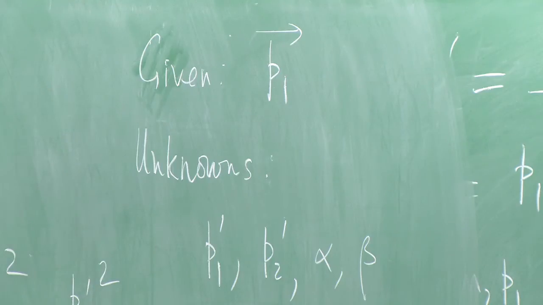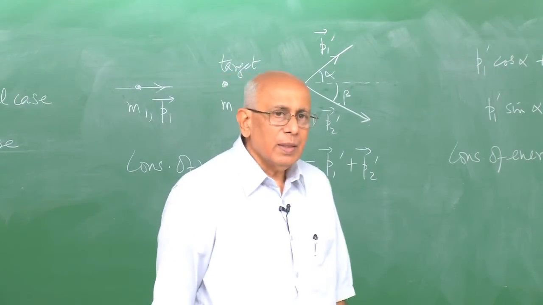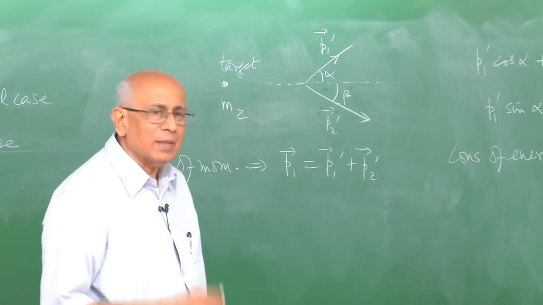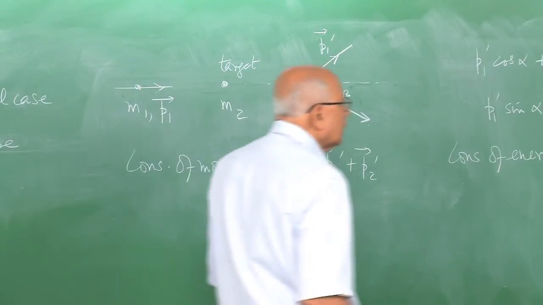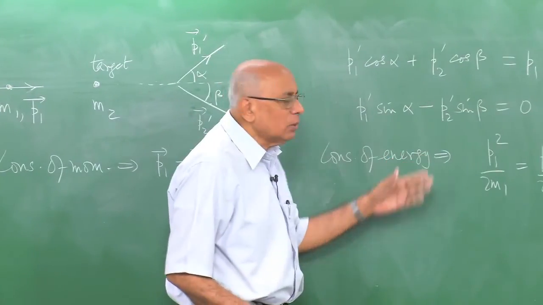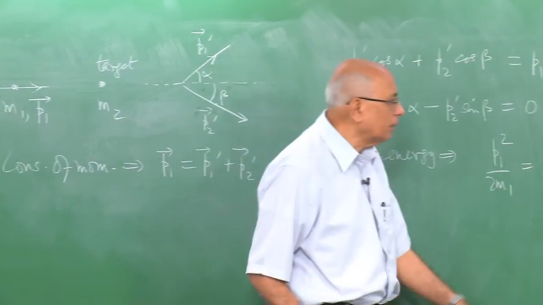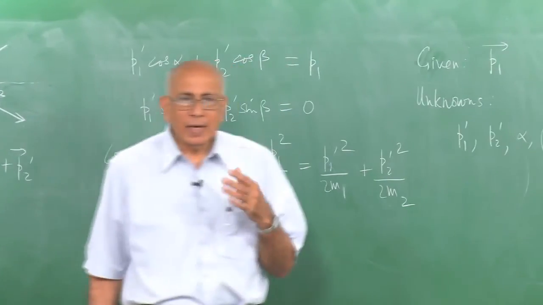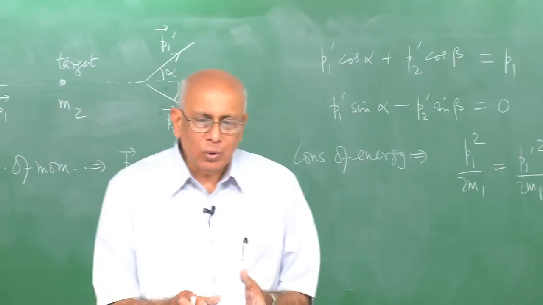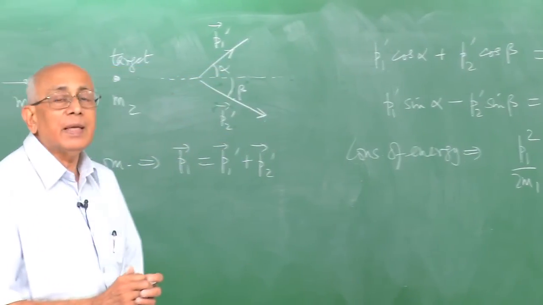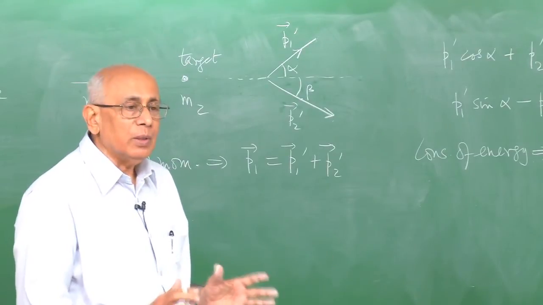But we have only 3 equations. So we have a situation here which is actually at the root of, the beginnings of classical chaos actually, but it turns out that in this problem these 3 do not suffice to solve for these 4 unknowns uniquely. Without further dynamic information on how the interaction took place, what exactly took place in that little time delta t, we cannot say what these quantities are going to be uniquely.